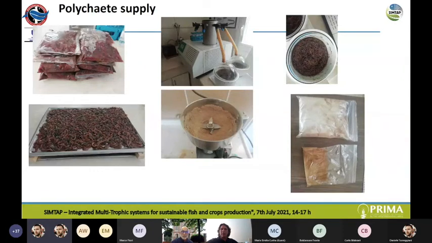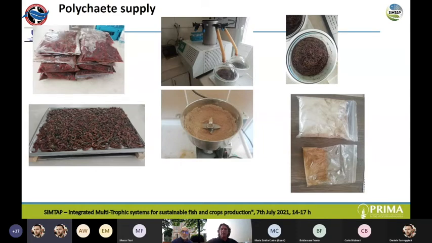Also, some batches arrived live, kept around Ulva leaves, and then we separated and cleaned them, and then we dried them using 2 methods. If the batch arrived frozen, we dried it using a freeze dryer, as you see in the picture.